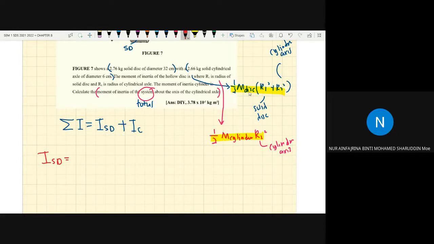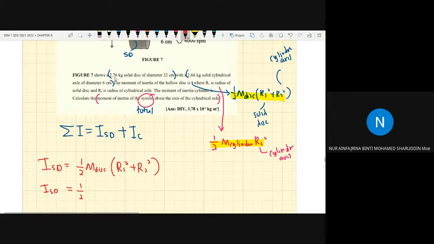Formula dia dah bagi tahu dah. Half mass of disk and then tambah dengan radius 1. Radius 1 adalah radius of solid disk. Radius 2 adalah radius of cylindrical axle. Okay, sekarang. Mass of disk dia bagi tak berapa? Cuba tengok. Mass of the disk is given or not?